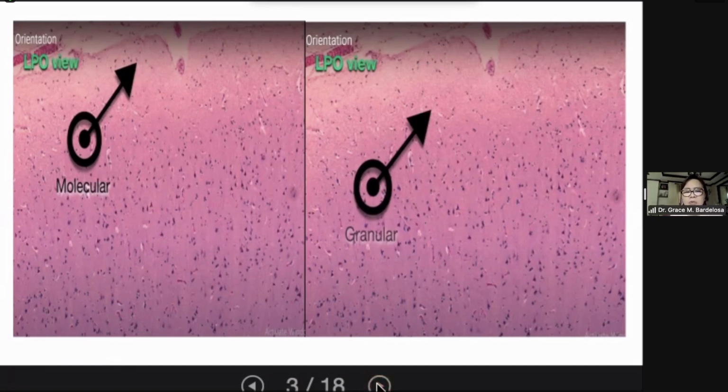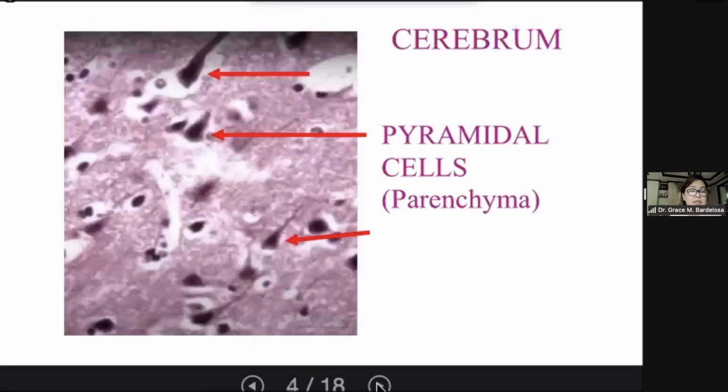But how can you really identify if it is the cerebrum? We will have to show you the presence of the parenchymal cells, which are the pyramidal cells or the pyramidal cells of Betz. This one class, as you can see, is shaped in a triangular fashion, and it is called the pyramidal cell or the pyramidal cells of Betz or the Betz cells, B-E-T-Z.